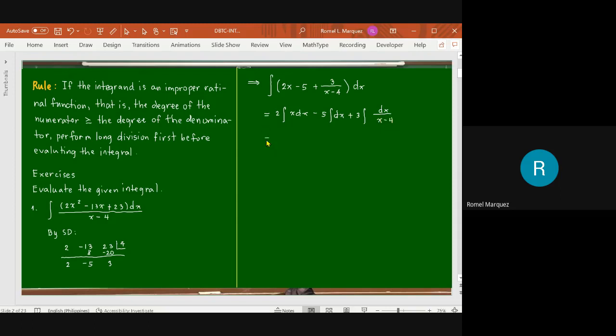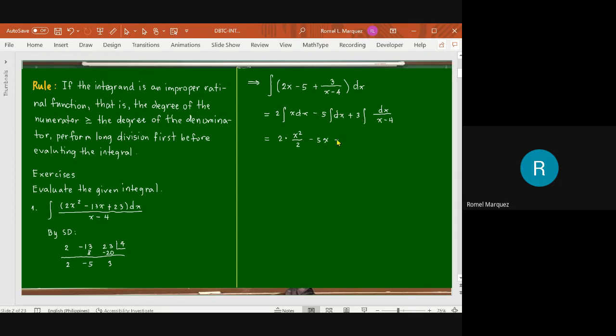The first one is a simple power: 2 times integral of x dx is x squared over 2. Then, by the general property, integral of du, we apply that to integral of dx, so 5 times x.